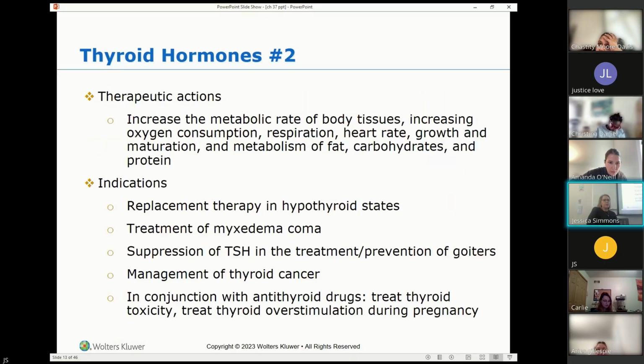So therapeutic actions of your thyroid drugs like Synthroid or levothyroxine: it increases the metabolic rate of body tissues, increasing oxygen consumption, respiration, heart rate, growth and maturation, and metabolism of fat, carbohydrates, and protein. So you're stimulating your body to actually grow and metabolize at the rate that it's supposed to be metabolizing at.